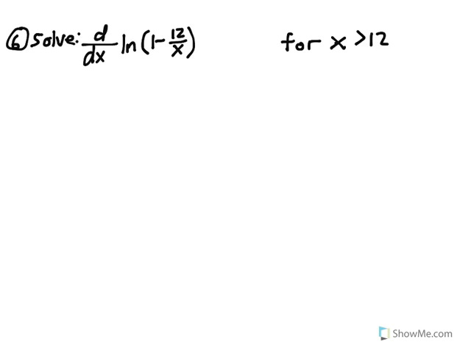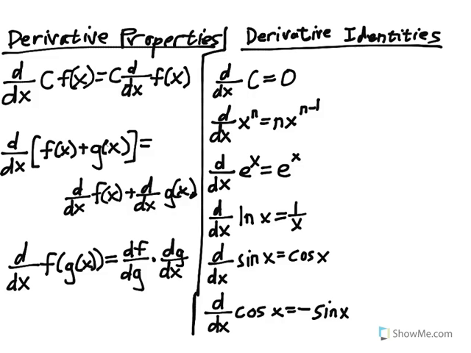Let's recopy the problem: d/dx of the natural log of the quantity 1 minus 12 over x is going to be, alright, first we take the derivative of the outer function, in other words the natural log part of the function, and the derivative of a natural log is just 1 over x.